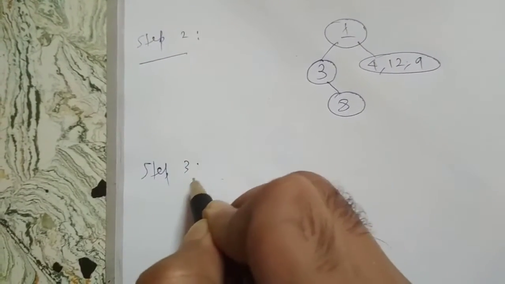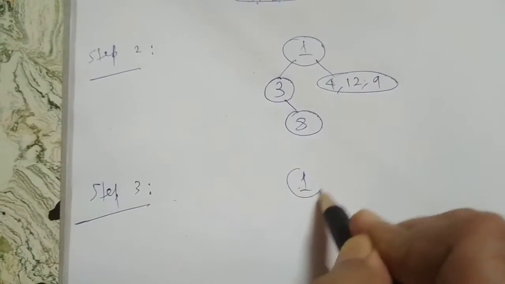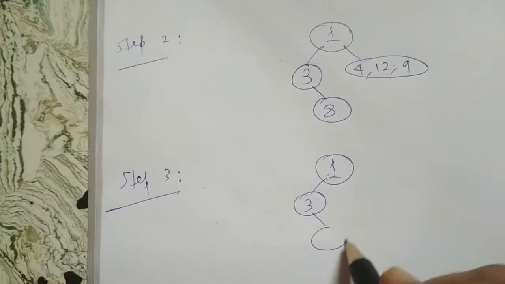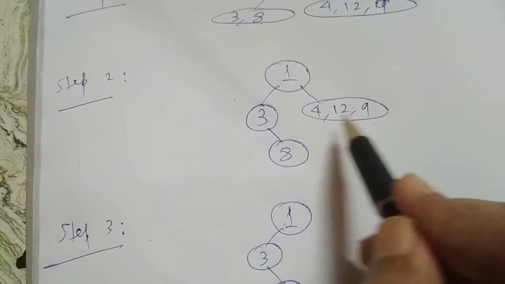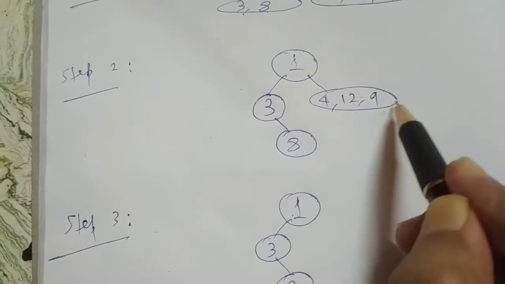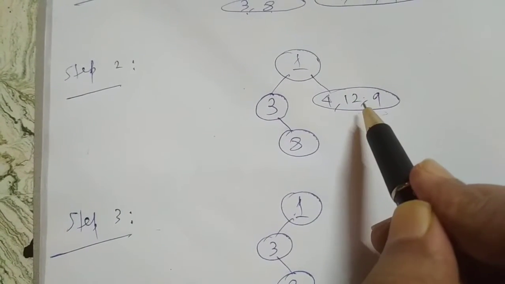Now in step 3, I'll expand the right subtree. So I have 1, here I have 3, and here I have 8. Now let's expand this right subtree. In order to determine the node which will be the root of this subtree: by definition, we know that a subtree is also a tree, and every tree has a root.